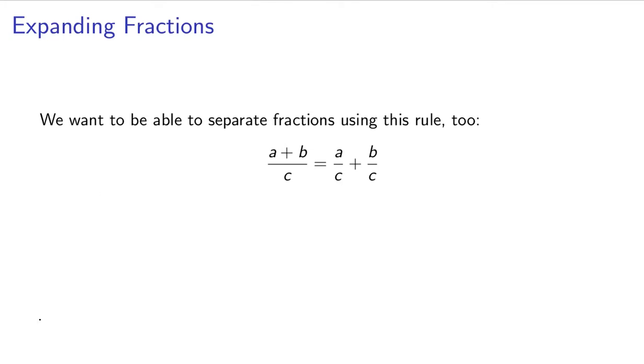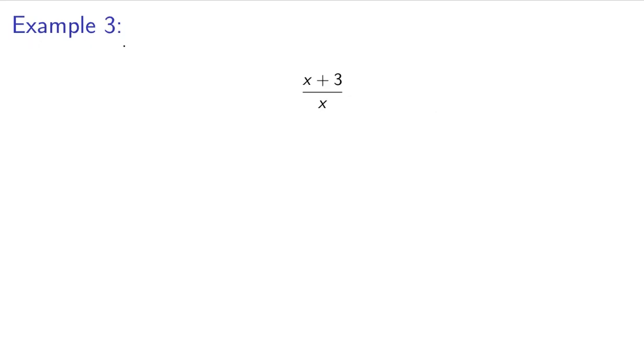Now, this is what we're really going to be using quite a bit more, though. We want to be able to separate fractions using this rule. This is called expanding a fraction, because you're taking one fraction and making it into multiple fractions. For example 3, if we have x plus 3 over x, this will be the same thing as x over x plus 3 over x.